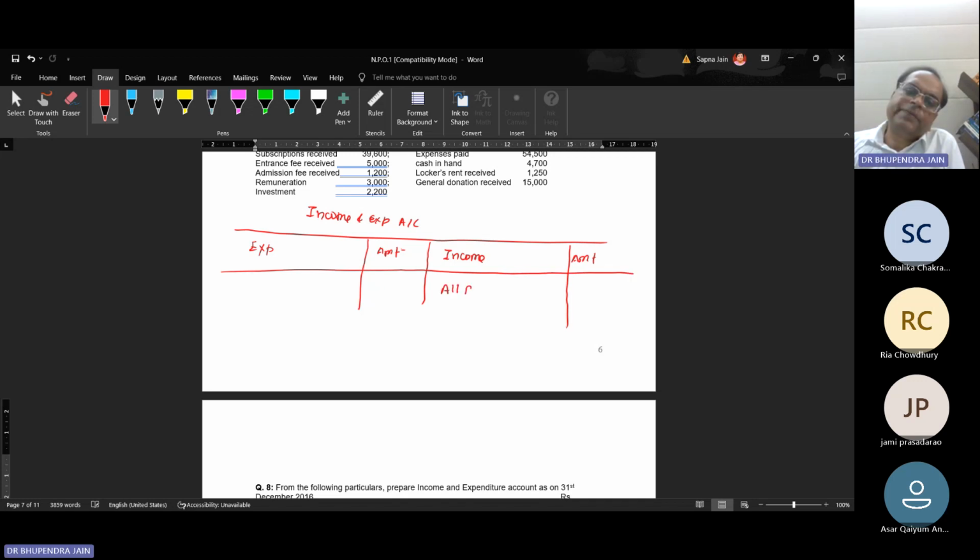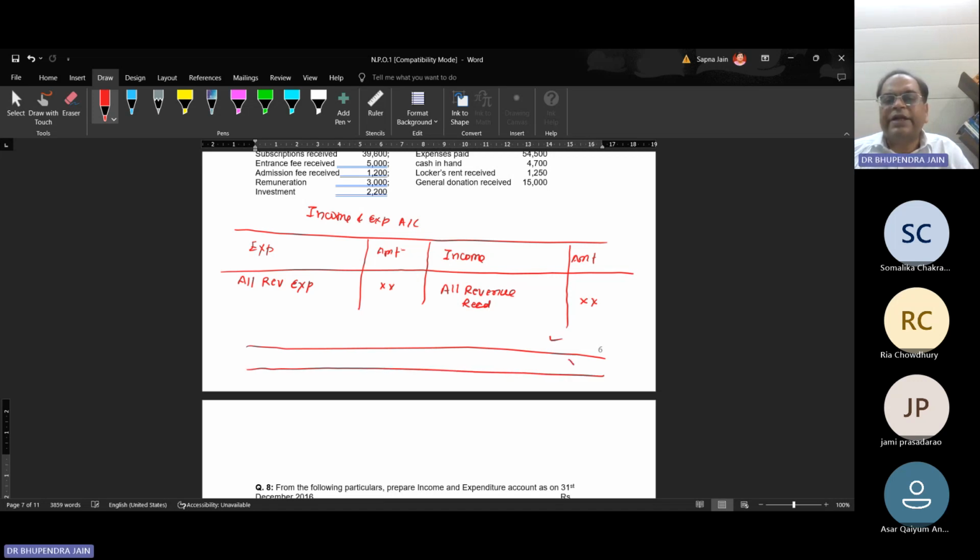Revenue receipts: where will we write them? On the credit side in the income and expenditure account. All revenue receipts and all revenue expenditure. Where do you write them? On the debit side in the profit and loss account. Clear?